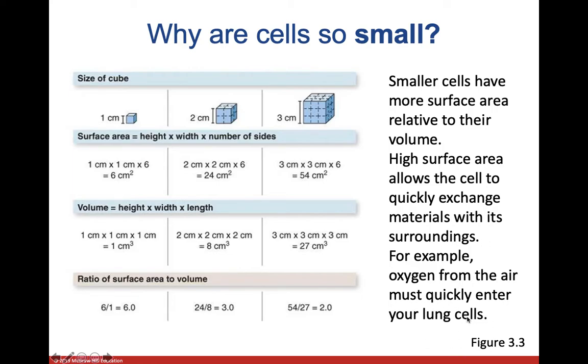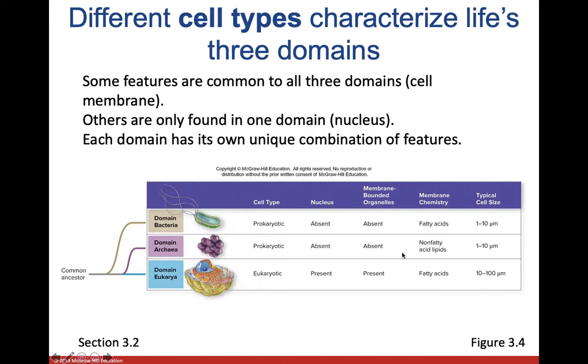So we need smaller cells to be able to do that. If we had really large cells, those big cells would take so much energy and so much oxygen to power them that they would not be able to exchange oxygen quickly enough with the environment, and then we would die. So it's a very odd trade-off on how this works.